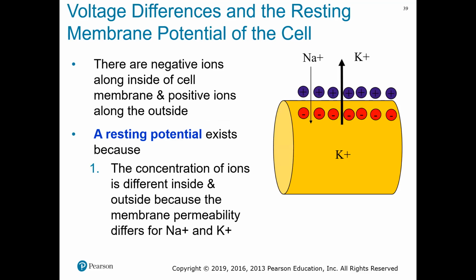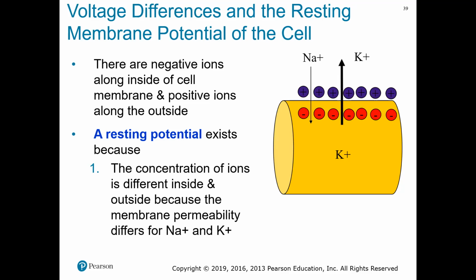We use the term resting membrane potential, because what we see is that with high sodium outside and high potassium inside, the cell tends to be positive on its outside and negative on its inside.